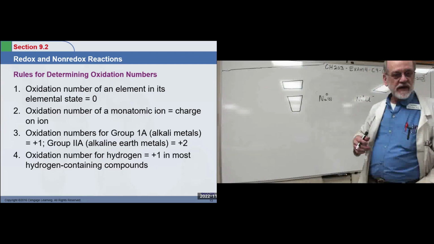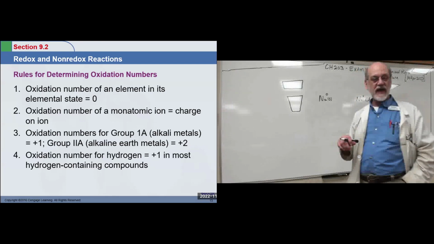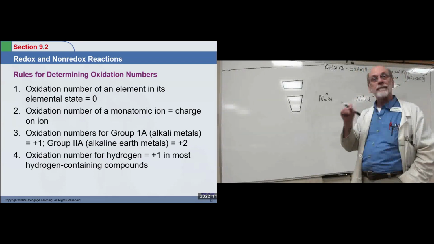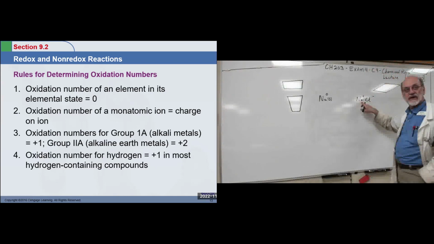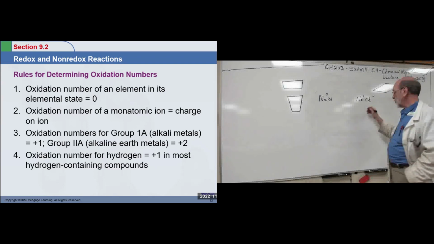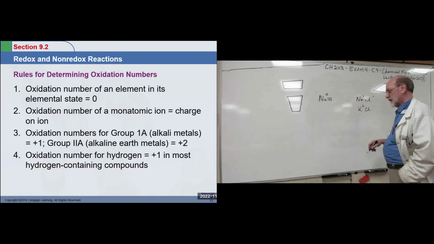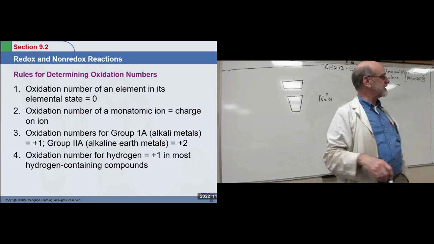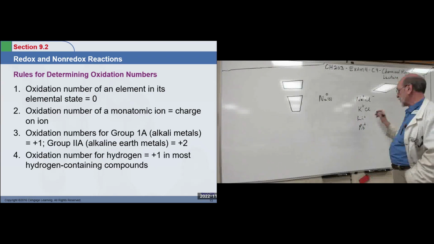Now there are others that we assume. The oxidation numbers for group 1, the alkali metals, in compounds will be +1. So potassium in a compound like this, it'll be a +1. Lithium or rubidium, they're always +1 if they're in compounds.